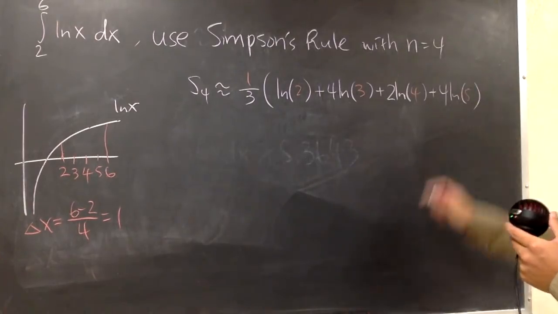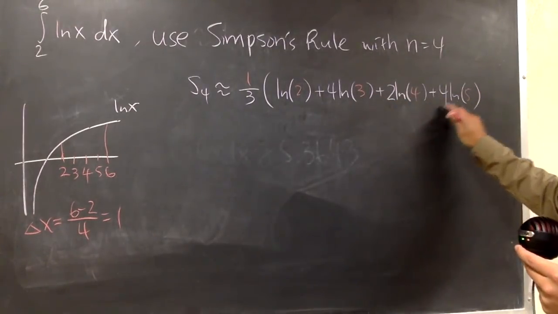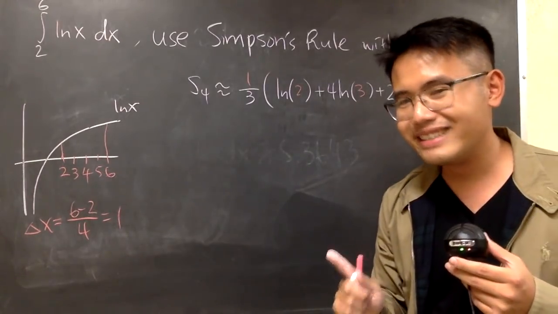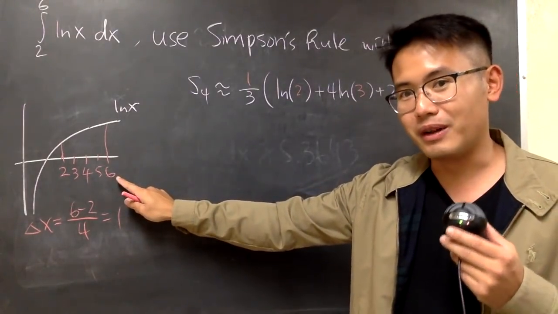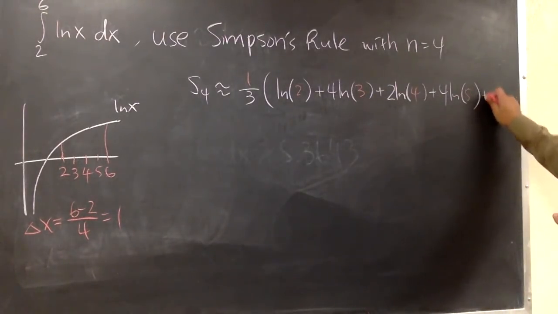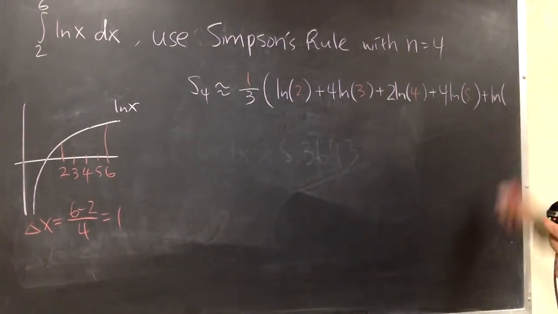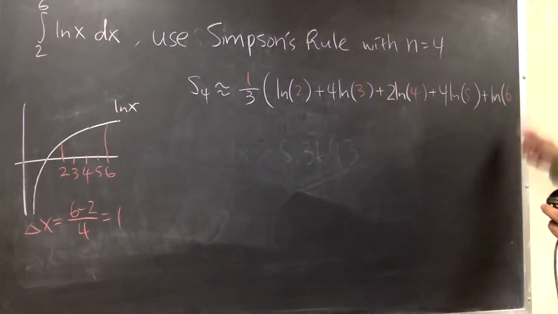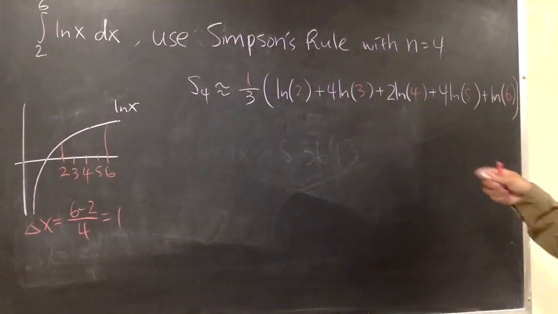And as you can see, we have the 4, 2, 4, 2, and so on, right? But the next x value is actually our last x value. So I'm not going to put down 2 anymore. It's just 1. So that's just ln of 6, like that. So that's pretty much it.